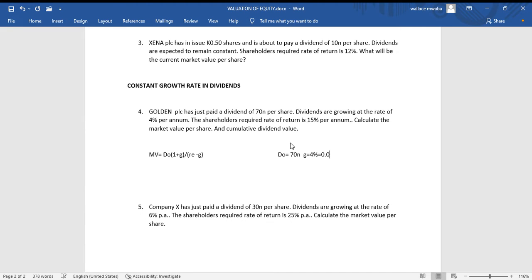We've just divided it by 100. And then our cost of equity, which is our Re, is 15%. And 15% can be rewritten as 0.15.